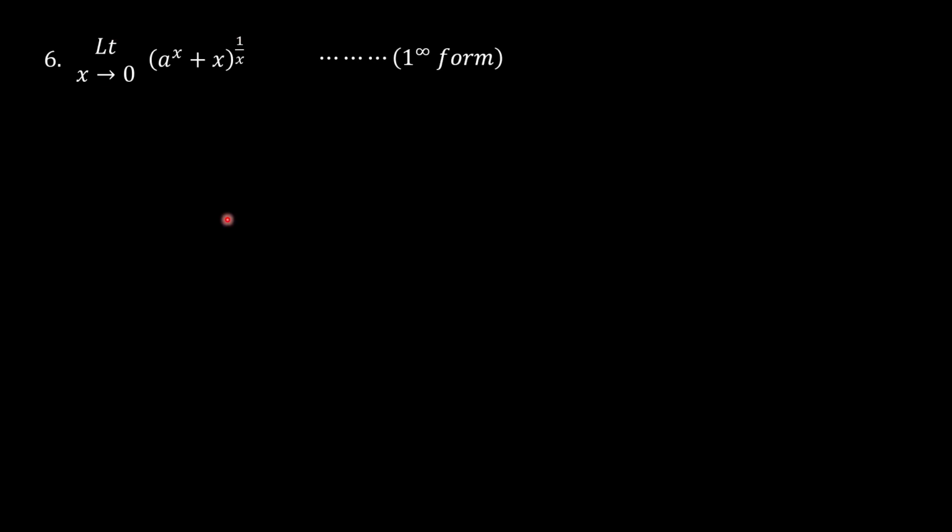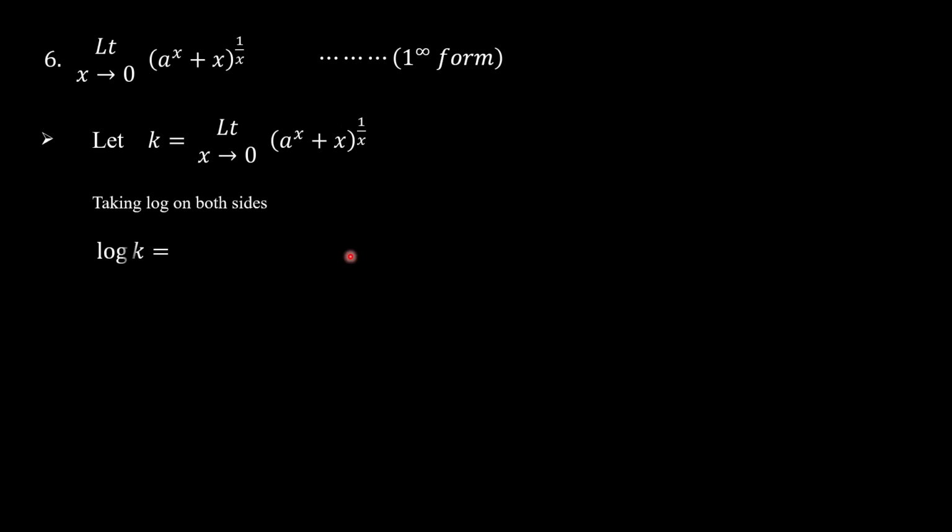So take k is equal to limit x tending to 0 (a power x plus x) whole power 1 by x. Now take log on both the sides. That is, log k is equal to limit x tending to 0 log of (a power x plus x) divided by x, which is in 0 by 0 form.